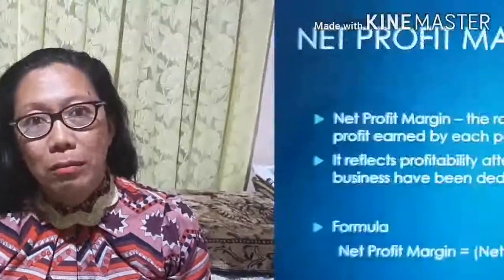As we can see, there is an increase in gross profit margin from 2009 to 2010. But are we really sure that the company is doing well in terms of profit? Let's find out in the next profitability ratio, which is the net profit margin.